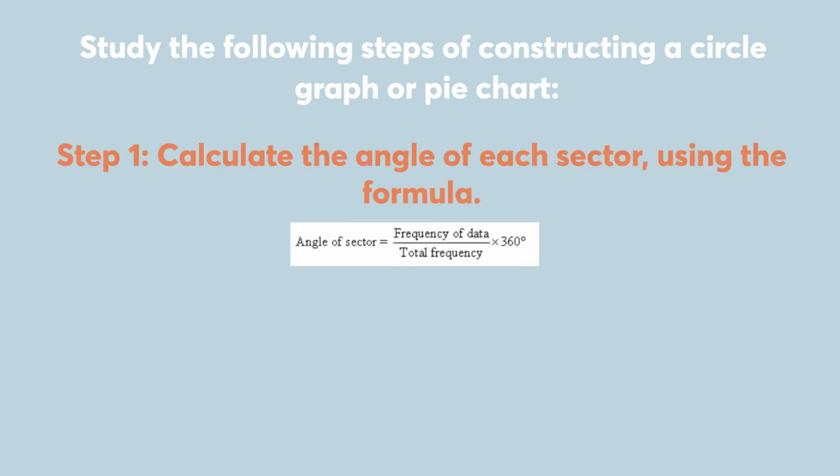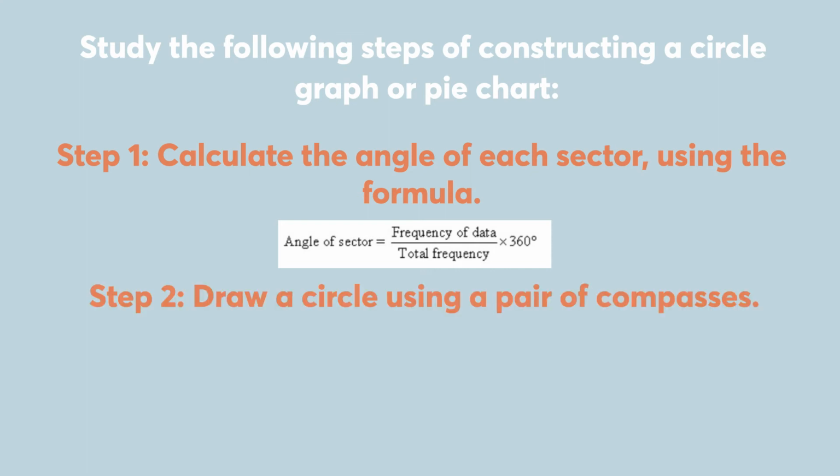Step 1. Calculate the angle of each sector using the formula: angle of sector equals frequency of data divided by total frequency times 360 degrees.